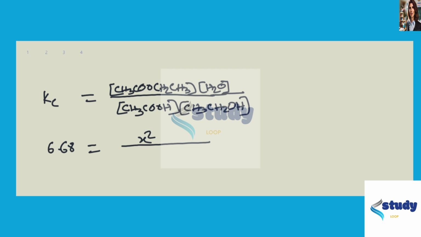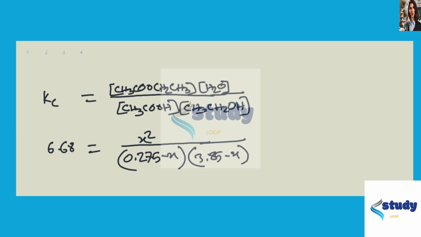So 6.68 will be equal to, since both the product concentrations are x, x squared on the top, and for acetic acid it is 0.275 minus x, and for ethanol it is 3.85 minus x.